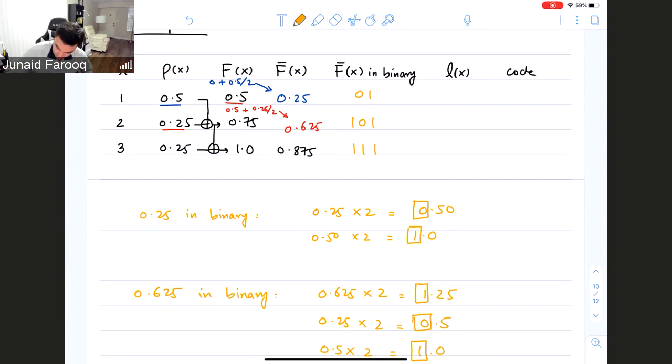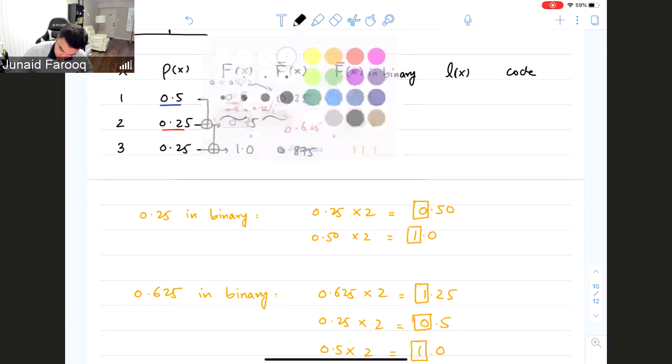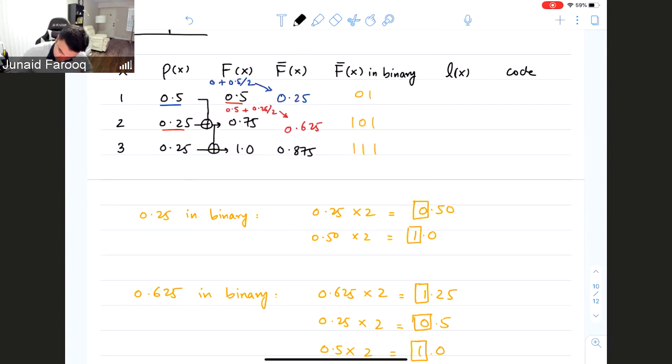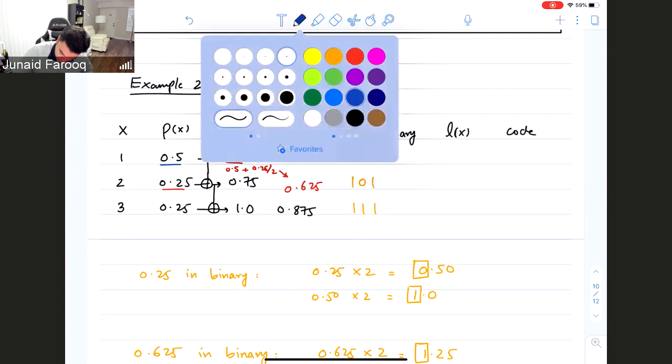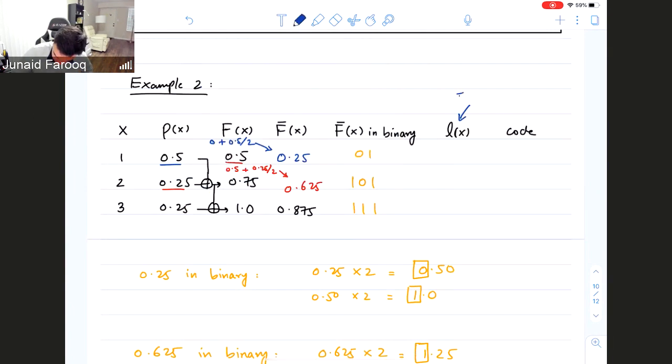Okay, now the length, again the length has to be the ceiling of the log of 1 over p of x, and then you add 1.